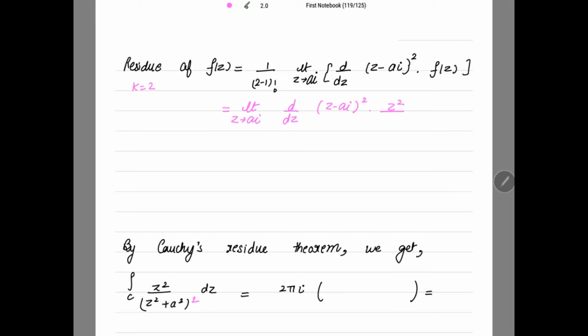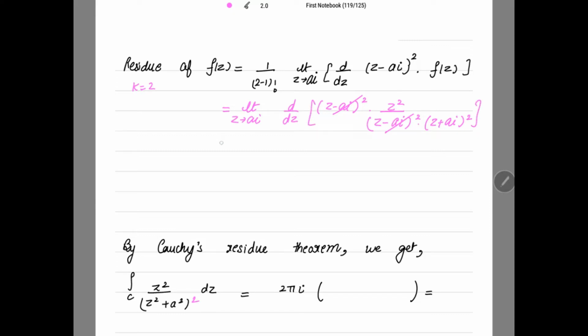So I am splitting this into factors: (z minus a iota) whole square and (z plus a iota) whole square. This cancels out with this one, and we have to differentiate z square over (z plus a iota) whole square.